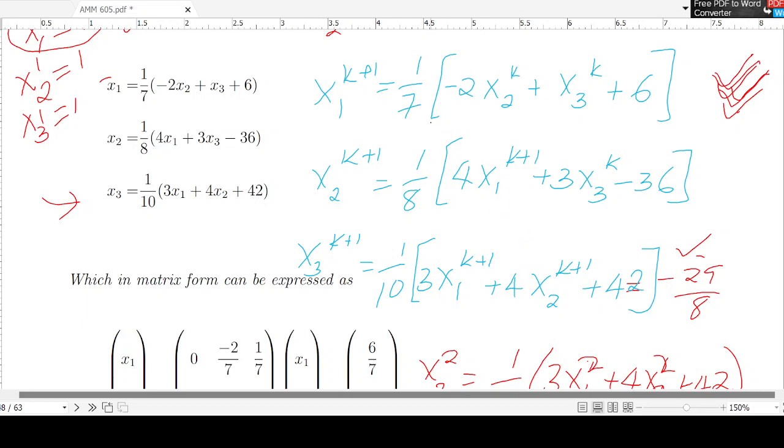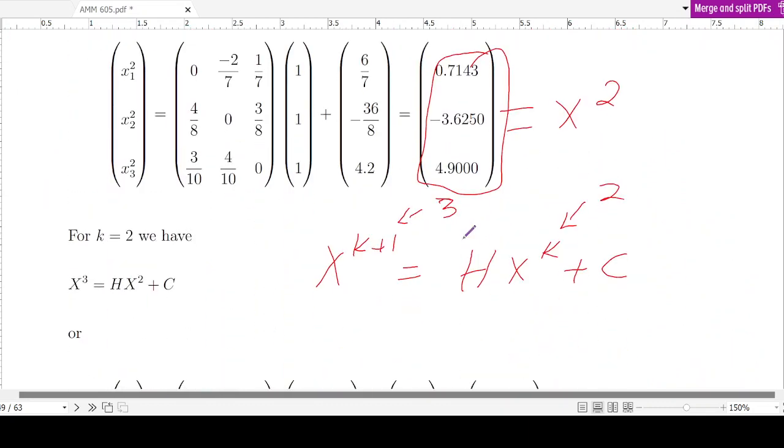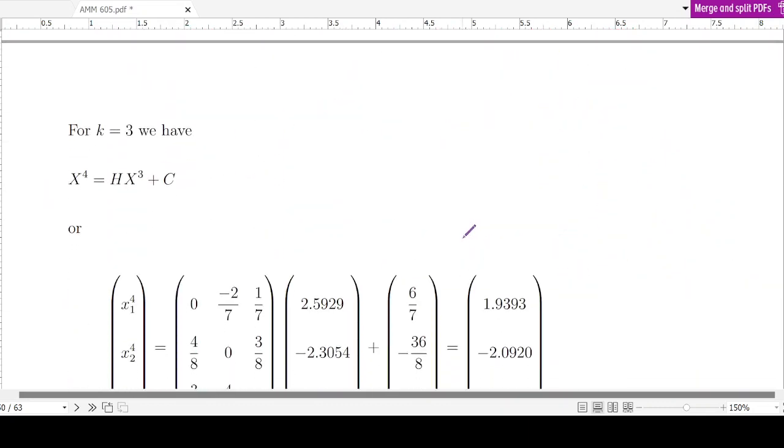This is how the Gauss-Seidel method will look like. You see we have xk in the first equation. In the second equation, we have both k plus 1 and k. But in the third equation, we only have the values from the current iteration. This is basically the Gauss-Seidel method.